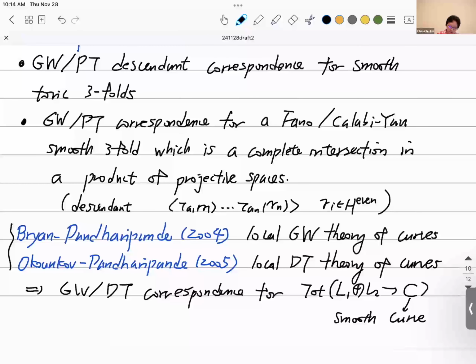On the Gromov-Witten side, the theory is completely solved by Bryan and Pandharipande, and on the DT side, the theory is completely solved by Okounkov and Pandharipande. This proves the Gromov-Witten/DT correspondence for local curves.